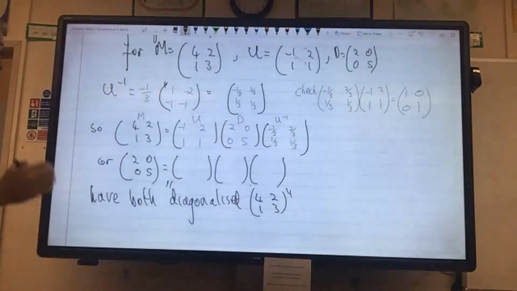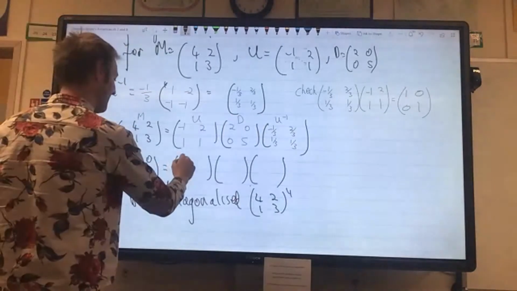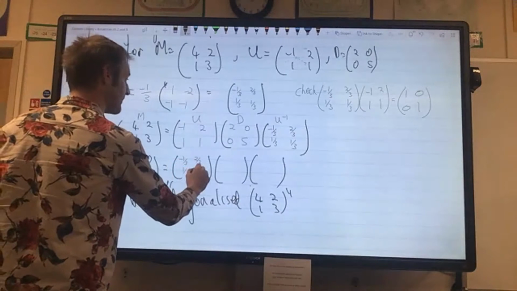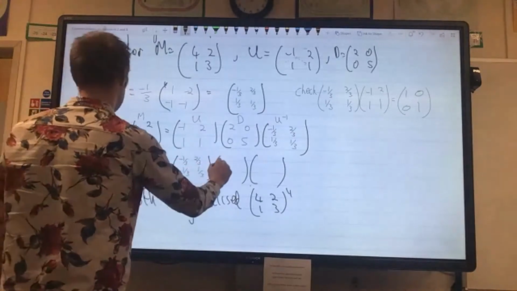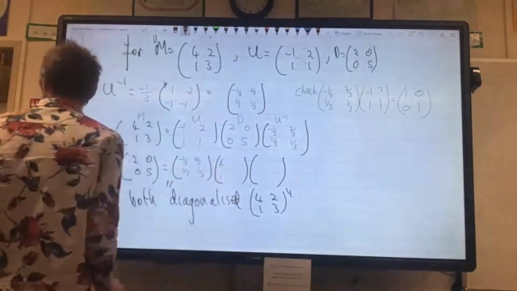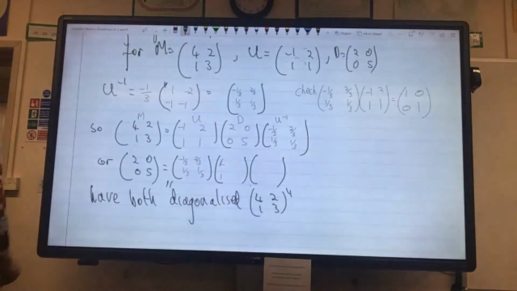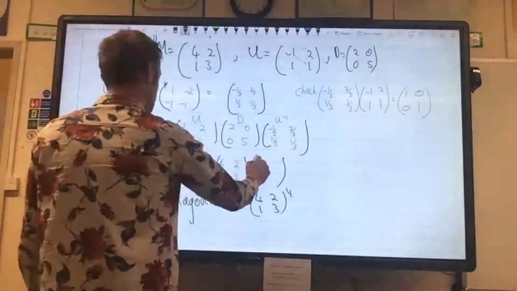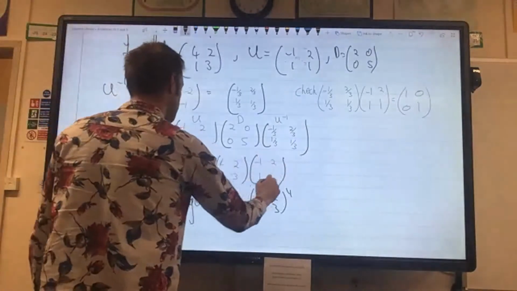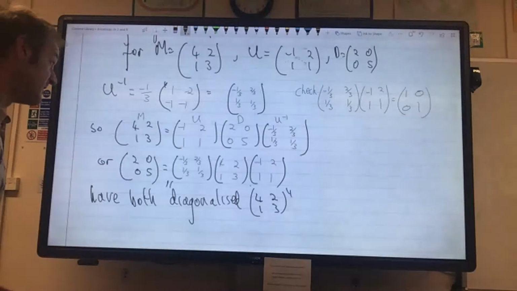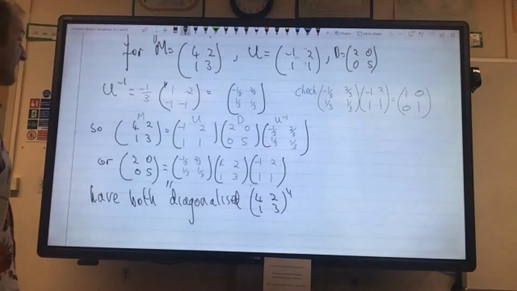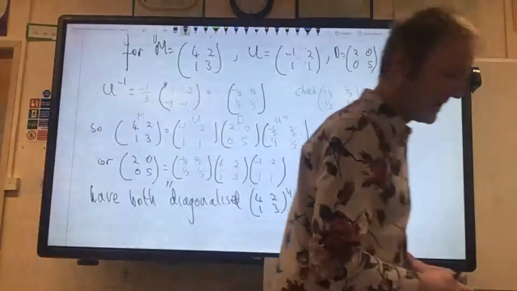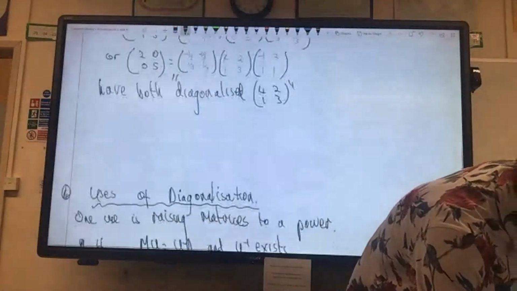Or similarly, I'm claiming that the diagonal matrix there could be written as the inverse of U, minus 1, 1, 2, 1. And if we check that, hopefully that will give us 2, 0, 0, 5. Don't know if anyone wants to check it for me, but it should do.